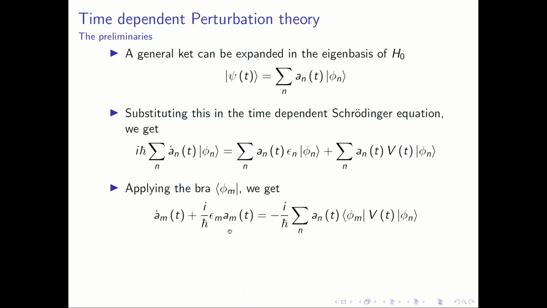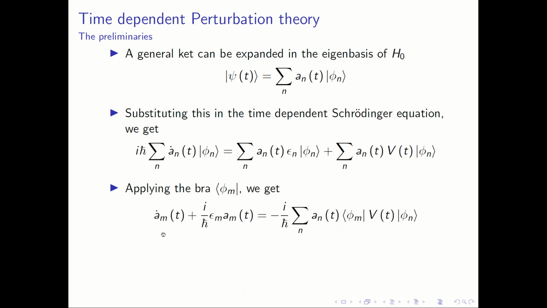So notice that this equation is an equation between a bunch of complex numbers. Everything here is just complex numbers. This matrix element, of course, is also a complex number. Now, if you look carefully at the left-hand side, you can immediately recognize this is crying out for an integrating factor.